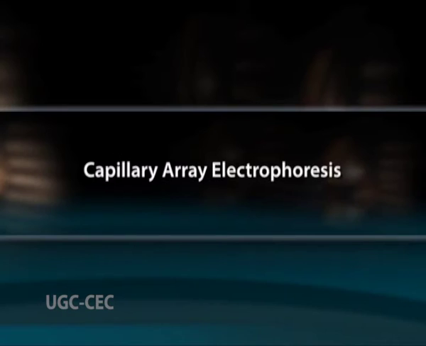Capillary array electrophoresis. Small DNA fragments can be separated rapidly in narrow capillaries. Heat is lost from these thin capillaries so that the molecules can be separated rapidly using high voltage. This greatly speeds the processing of DNA molecules.